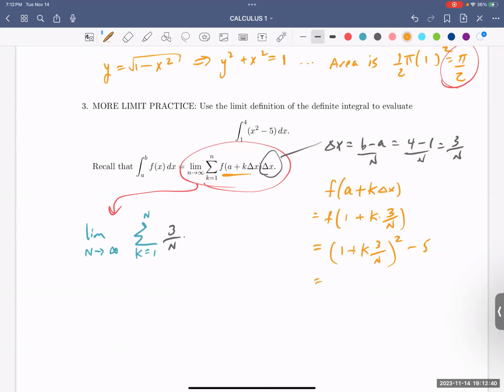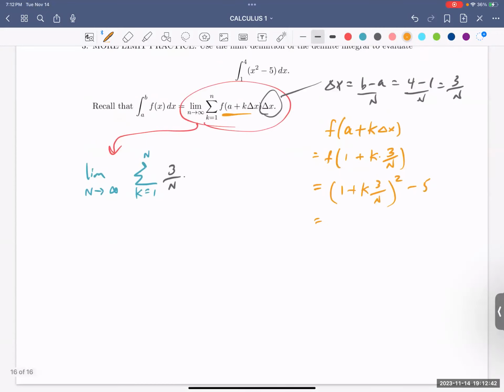If you FOIL that and then subtract 5, we would have 1 plus twice the product. So multiply these two and then double it, and then square this. It's going to be 9k squared over n squared, minus 5. And so that's -4 plus 2 over n k cubed plus 9.